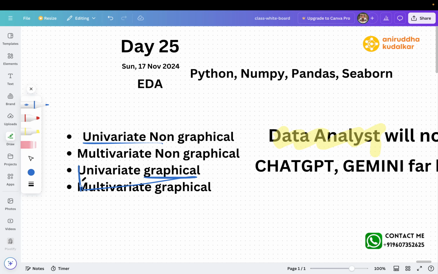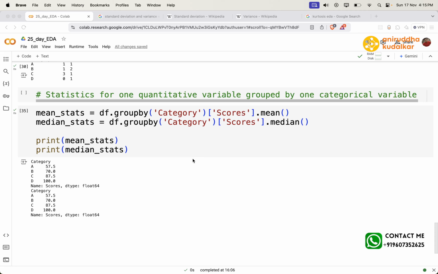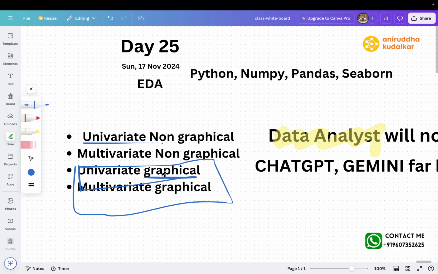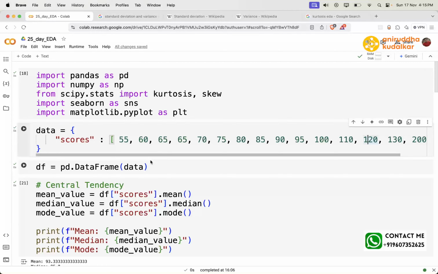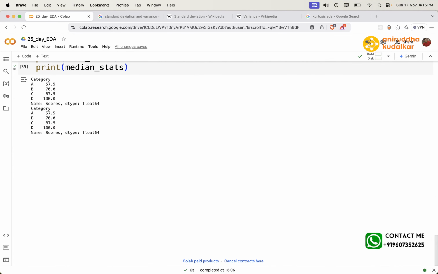So we can print the median also, the mean also, the distribution also, but we will do it in a graphical way. But these are the four theoretical things we have. I have tried to cover it in code in this way. Fine. Let's have a break of 5-10 minutes.